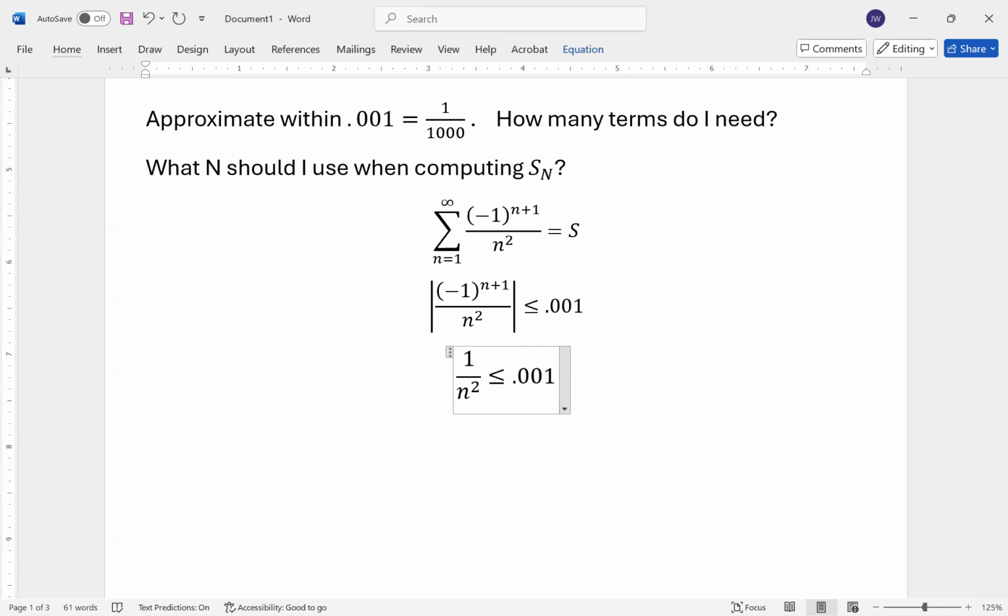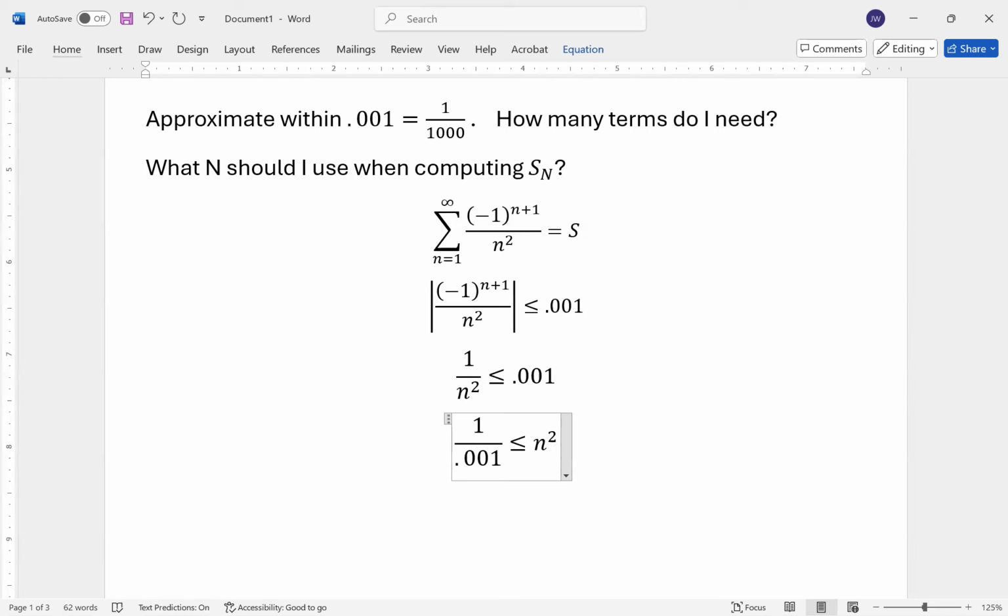We've taken absolute value a lot, so that's what we get. If I multiply both sides by n squared and then divide by 0.001, I'm multiplying by positives and dividing by positives, so the sign doesn't change. 1 divided by 0.001 has to be less than or equal to n squared.